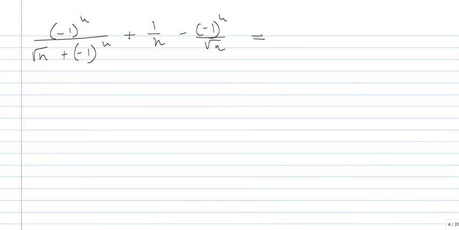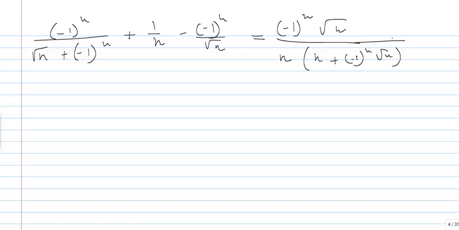And we will prove, in fact, that this is equal to (-1)^n square root of n over n times n, plus (-1)^n square root of n, which is also equal to (-1)^n over n square root of n, times 1 plus (-1)^n over square root of n.